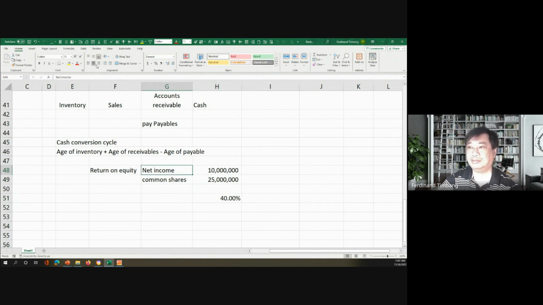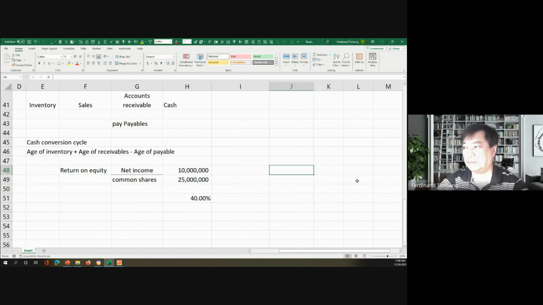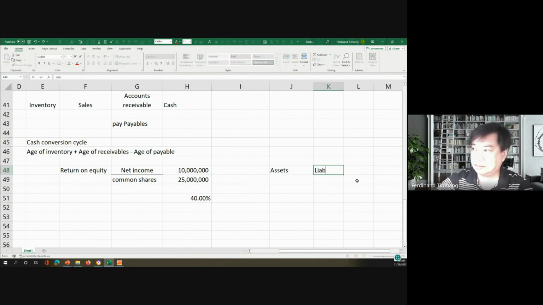Pero let's say, without changing the net income, and lagyan natin ng interest expense siguro. Halimbawa, meron tayong assets. So, ito yung liabilities.